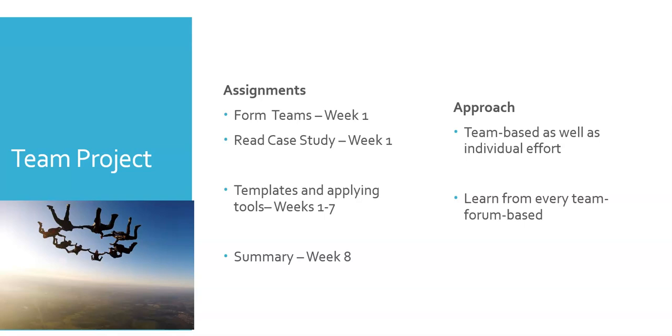And each of you will be choosing one of those areas like safety or petty cash or marketing or advertising to work on as your particular process improvement area. You'll be learning from every team because we all turn in the assignments to the same team project discussion board.